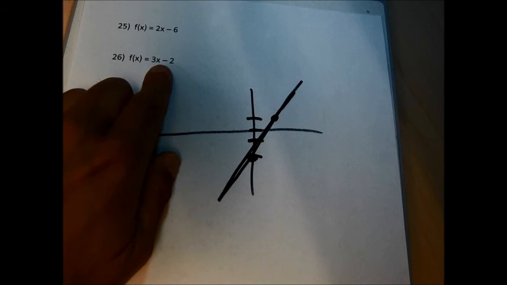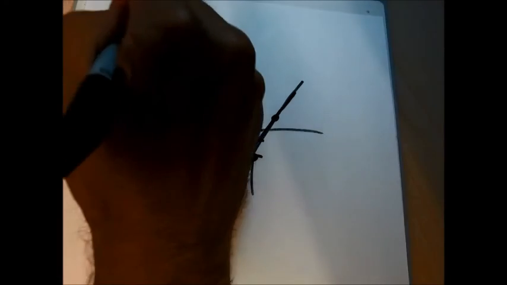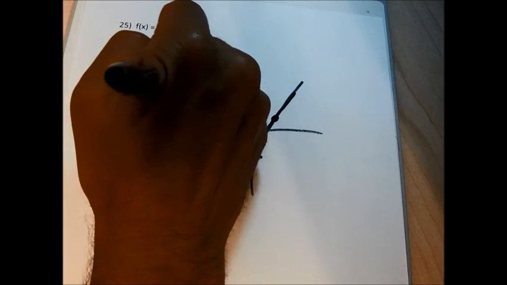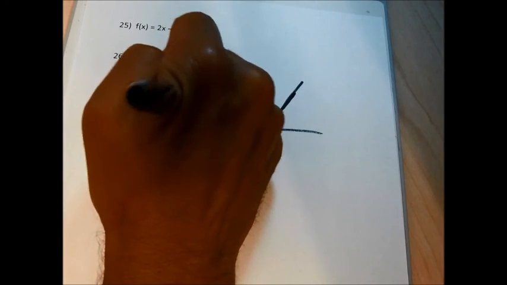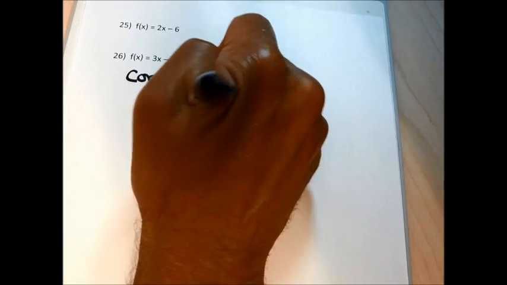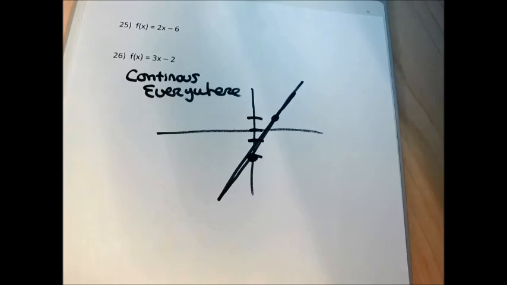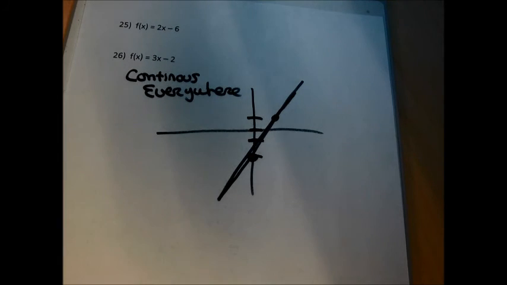This is considered a polynomial, and polynomials are continuous everywhere. Problems 25 and 26, because they're polynomials, the graphs are going to be unbroken. In fact, I knew this was going to be a line, and I know I can draw a line without picking up my pencil.